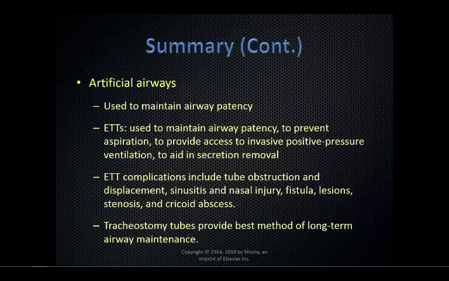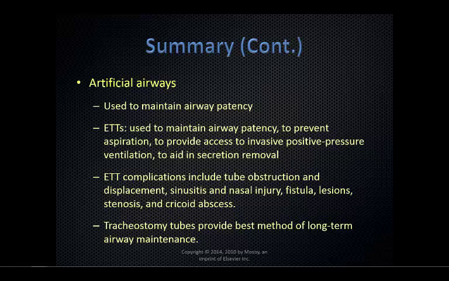The placement of artificial airways is used to maintain airway patency and to keep the tongue from obstructing the upper airway. ET tubes are used to maintain airway patency, to protect the airway against aspiration, to facilitate access to invasive positive pressure ventilation, and also to aid in secretion removal.